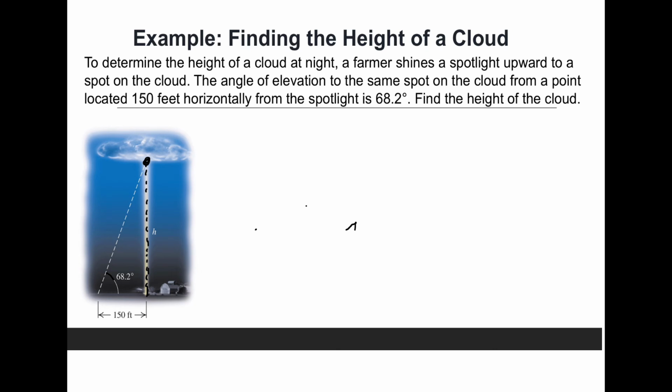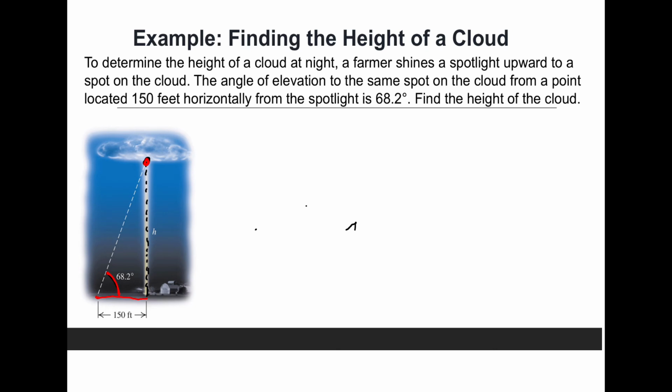There are instruments we can use to do this type of thing. I'm going to choose a different color here. It is 68.2. I can't remember what the instrument is called, but we use it to create this angle. And we also know that he is 150 feet away from that spotlight. Using this, we can figure out what the height of the cloud is.